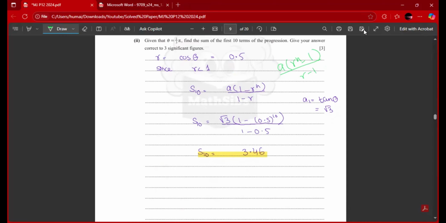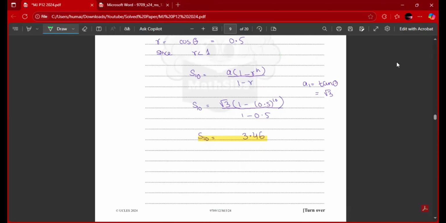Actually, r is less than 1. So if you're doing a subtraction with 1, r should be greater than 1. But r is less than 1, so we are putting it afterwards. That's just my trick. If r is less than 1, we put the r after 1, and if r is greater than 1, we put it before 1. It's up to you. You could remember it any way you want.